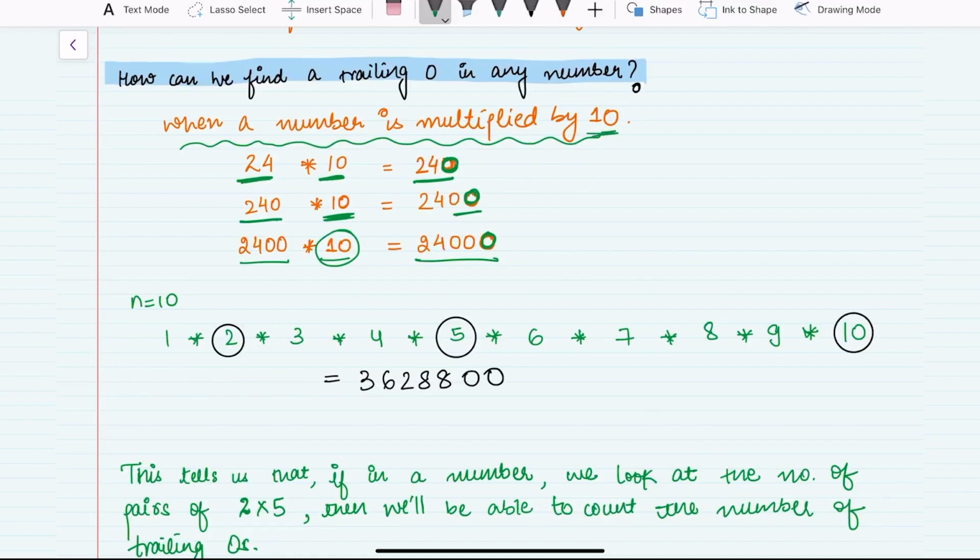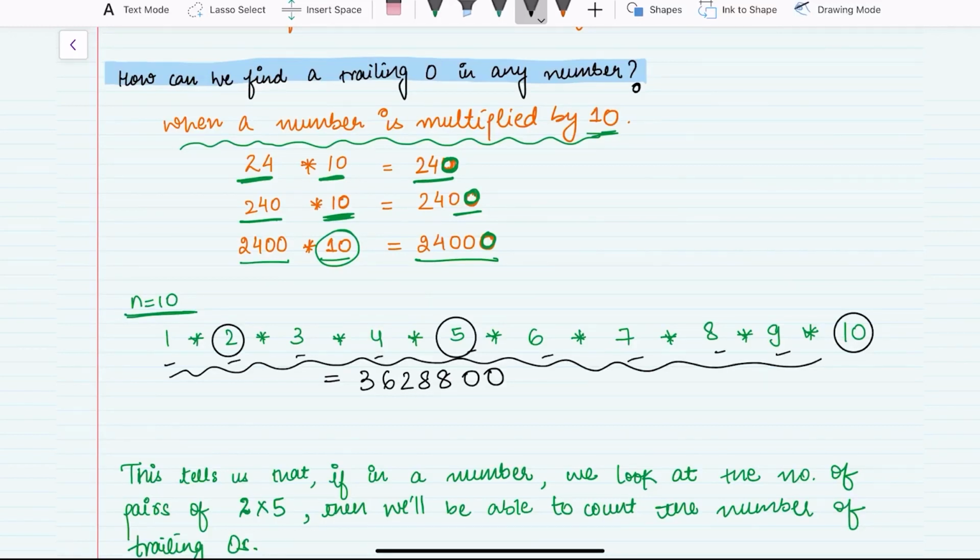So for example, if n is equal to 10, then we'll get this as the factorial of 10. So 1 into 2 into 3 into 4 into 5 into 6 into 7 into 8 into 9 into 10. The factorial is this, and we can see that there are two trailing zeros. That means there must be two tens, right?